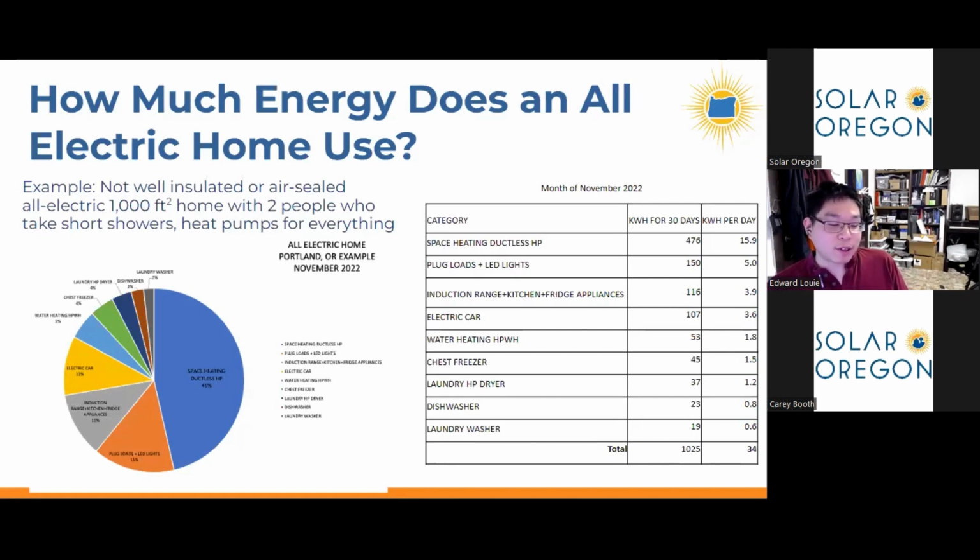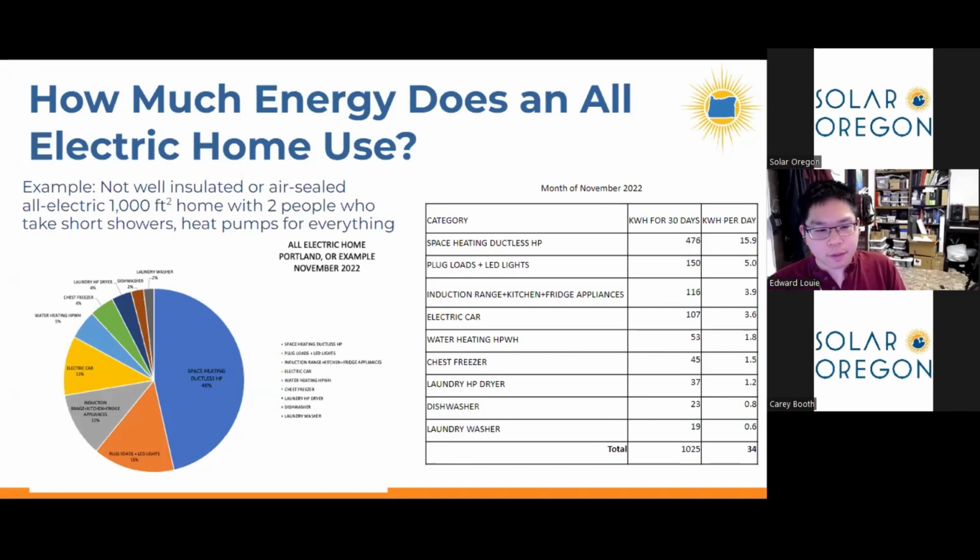I'm building a passive house, a tiny house, but the main house is nowhere close to being passive house. I've made some efforts to make it energy efficient in terms of air sealing and insulation, but it's still sort of an energy pig. And so 46% of the energy is to run the ductless mini split to keep the house warm. So when you have electric heating, even with heat pumps, you need to size your batteries and be mindful of that in the wintertime.